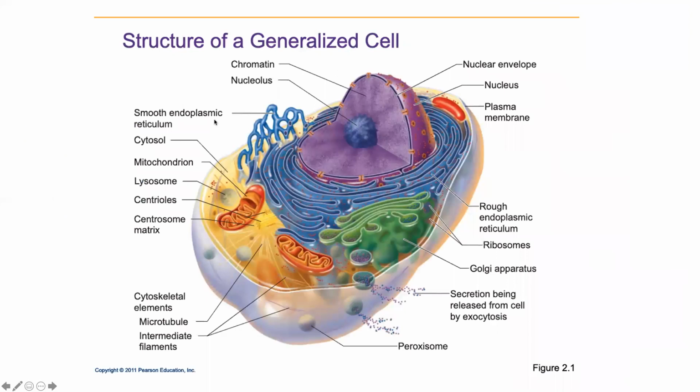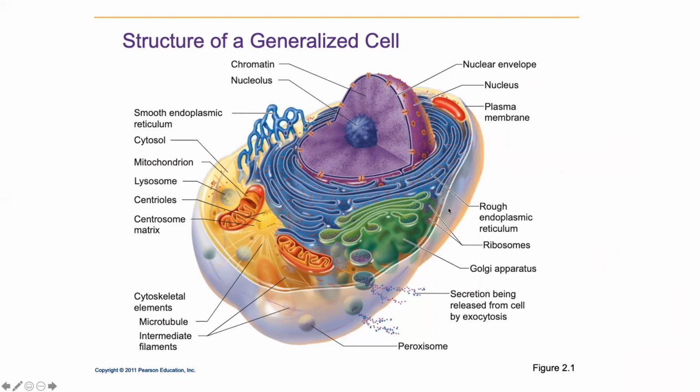Now, when we talk about a cell, this is what you see. This is the generalized structure of a cell. You can see the outermost boundary covering, which is like a fence of a cell. That is what we call the plasma membrane or cell membrane.